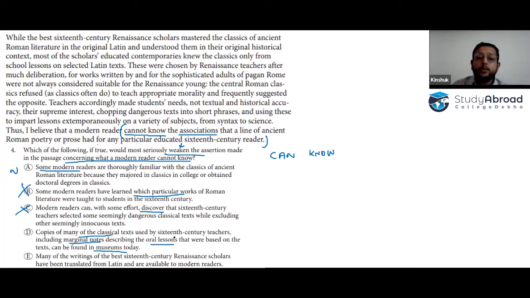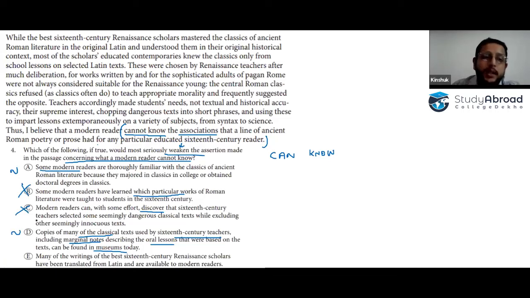Who do they belong to? 16th century teachers, right? So this tells us that if this is available for everybody at a museum, it's right there. So of course it can show us that the modern reader can associate with a line of ancient Roman poetry or prose. So we have to hold on to this one.